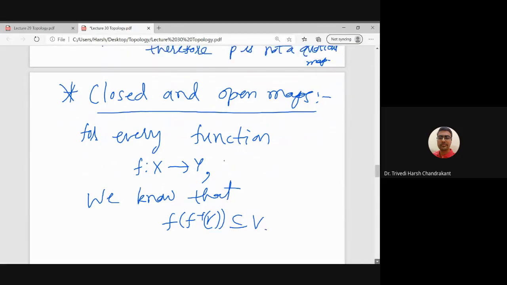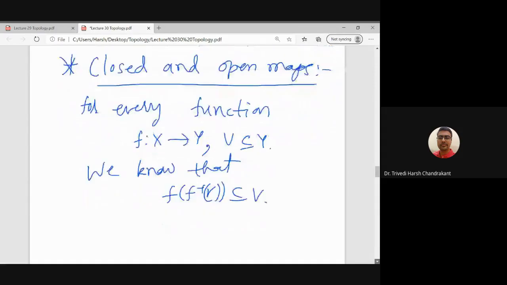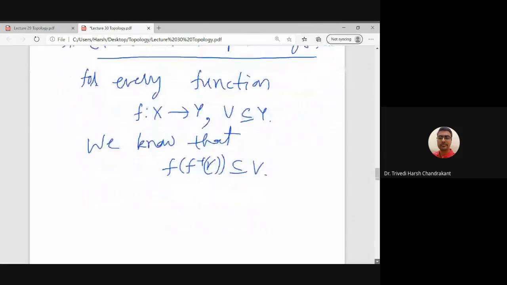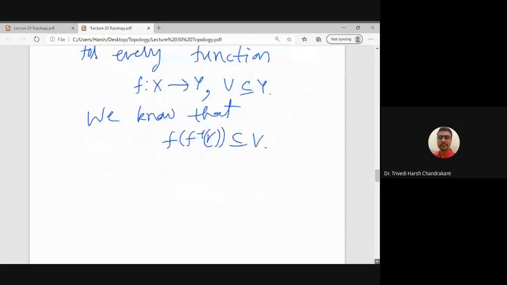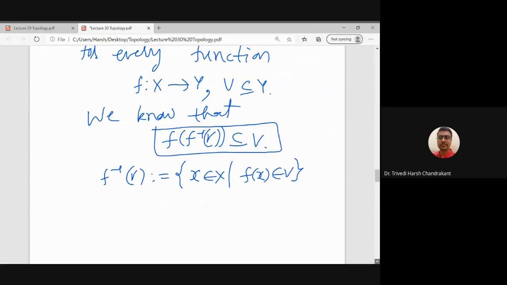V is a subset of Y, any subset of Y. So this we have already verified by the definition of the inverse of a set. What is the inverse of a set? f inverse V is the set of x in X such that f of x is in V. So using this definition, we have verified this property for every function.